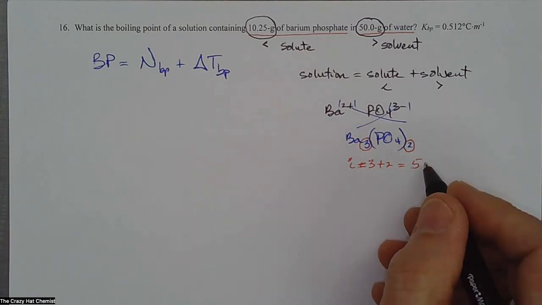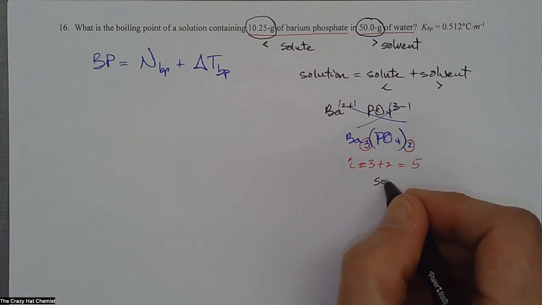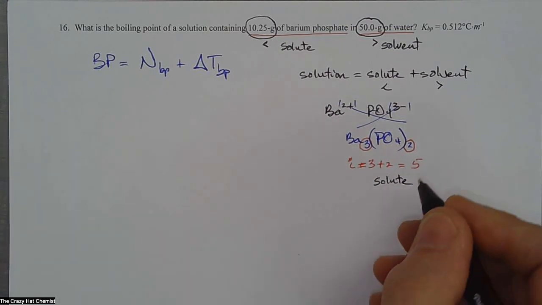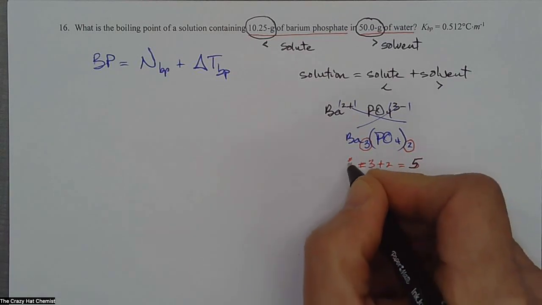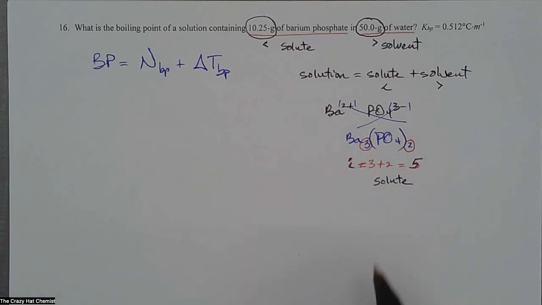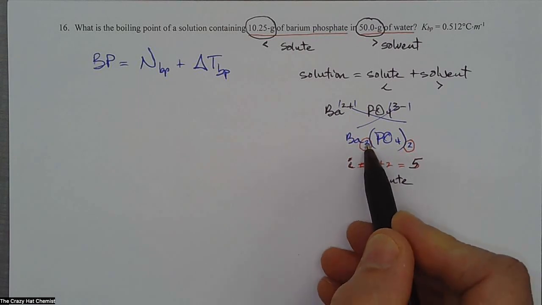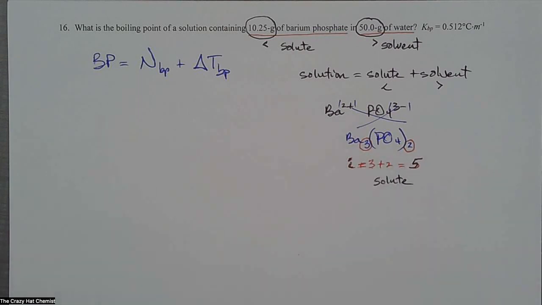You're always looking for the Van 't Hoff factor for the solute. So the solute's Van 't Hoff factor, i, is 5: the number of cations, 3, and the number of anions, 2. Fantastic.